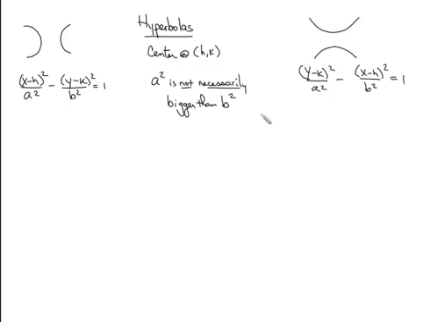So let's take a look at an actual example and work through it, and I'll show you everything that you need to know. So we have, for example, x minus 2 squared over 4 minus y plus 3 squared over 16 is equal to 1.